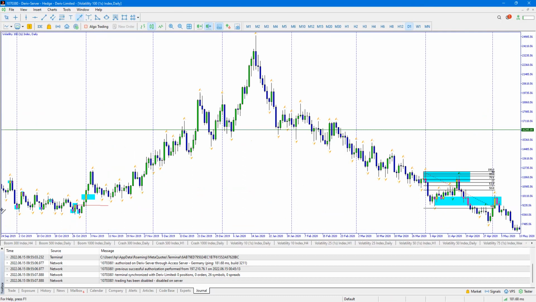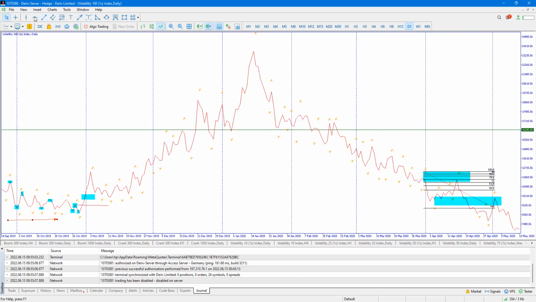So this is the high, this is the low, this is the high, this is an equal low, high, equal low, high, low. Okay, let me use the line chart for visibility. So here is the last low. In fact, I've done it already. High, low, high.